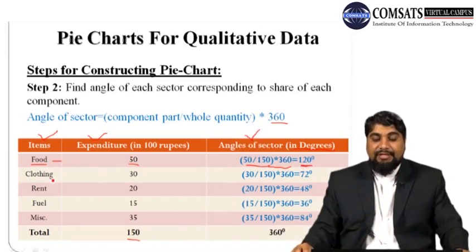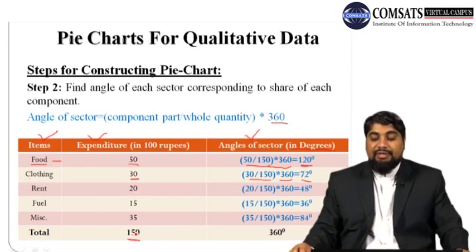Similarly, we can find the angle of sector corresponding to clothing. So for the clothing we have the component part, which is 30 units divided by whole quantity 150. So 30 divided by 150, and we will multiply this by 360. So the result is 72 degree.